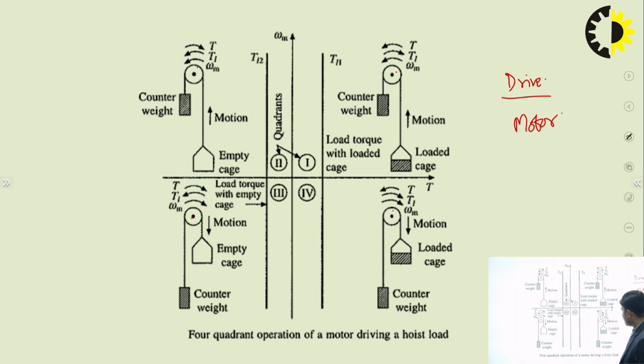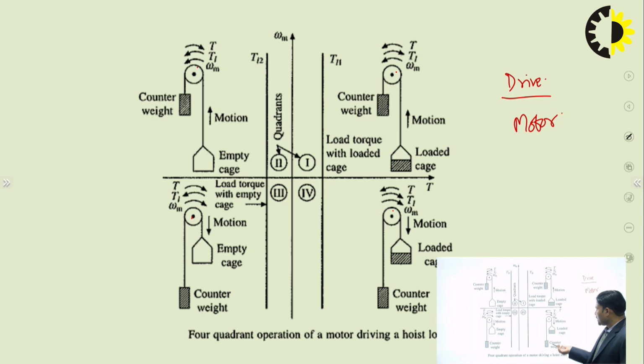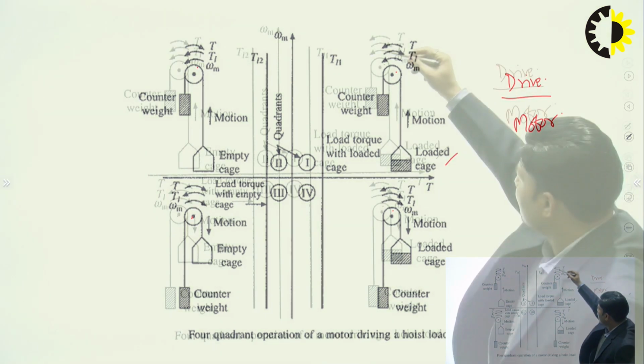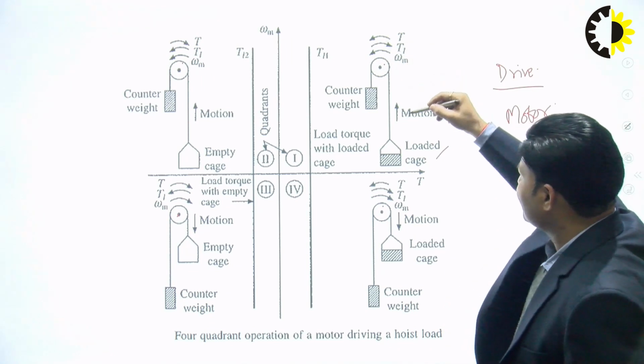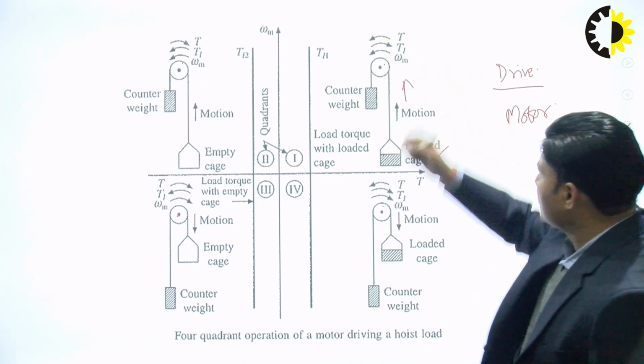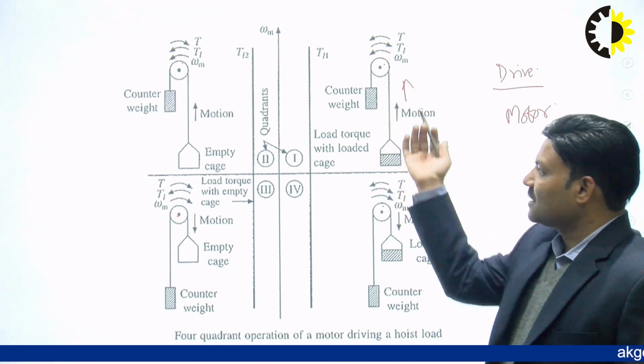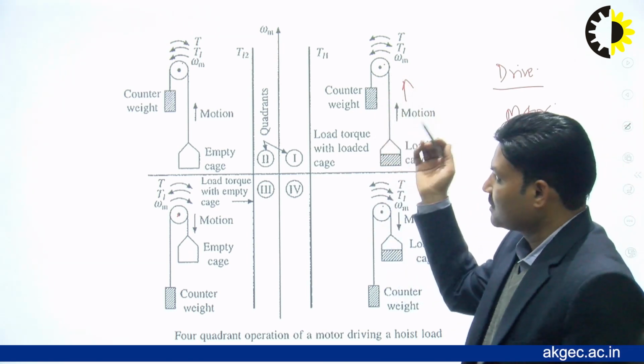This is the motor, and the motor is connected with a rope to the counterweight and loaded cage. So in the first case, we can think this is a loaded cage, and the motor has to operate in the conventional direction. So motion is upward. So counterweight as well as motor operation will bring this cage to the upward direction.